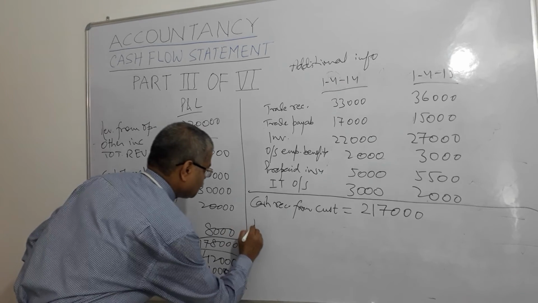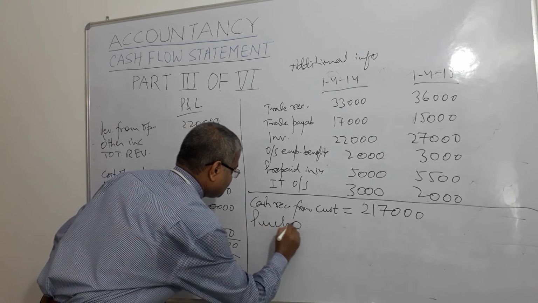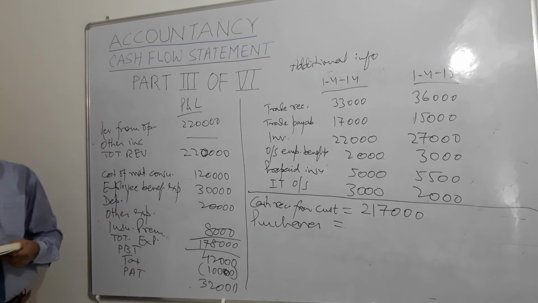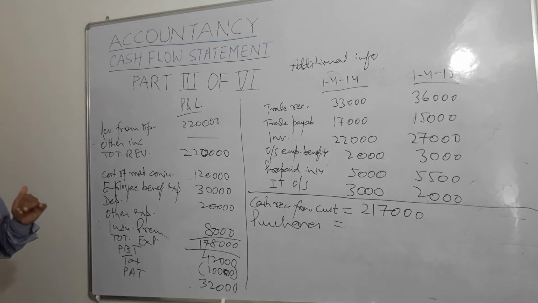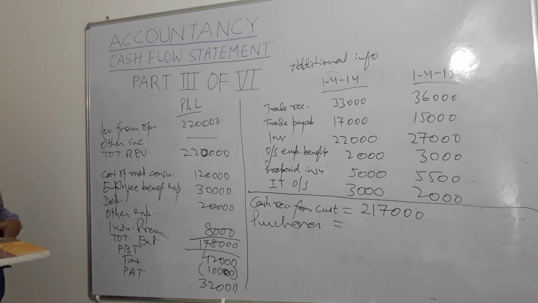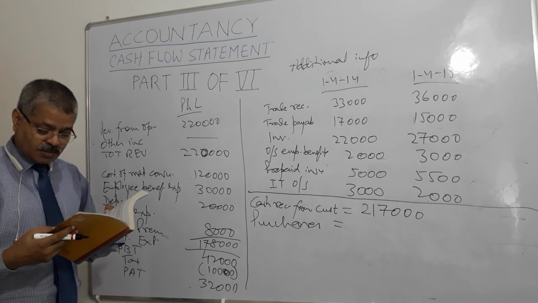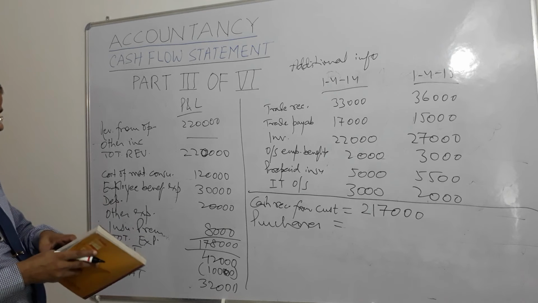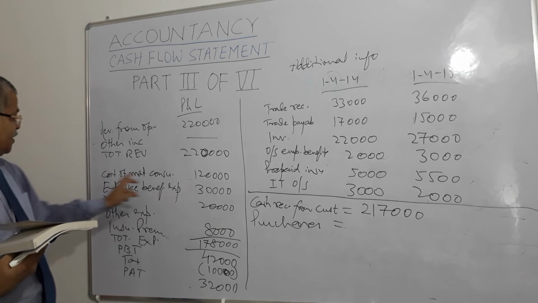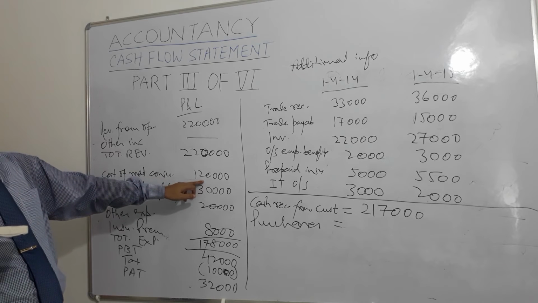Second item, purchases. What we had discussed regarding purchases: cost of revenue from operations. We have already seen 1,20,000 cost of material consumed.